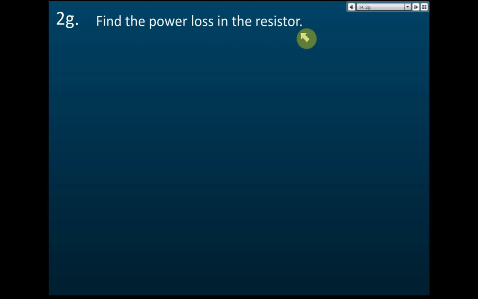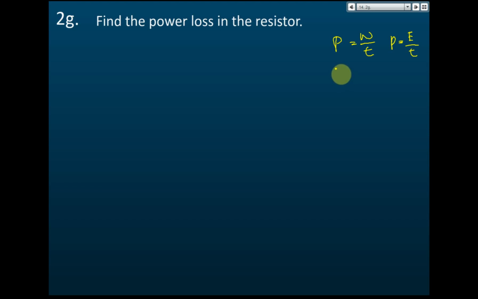Find the power loss in the resistor. For electric power, there are 4 formulas that you can use for your calculations. The first one is the general formula of power: P equals W over T, work done divided by time, or P equals energy change divided by time. Then we have 3 more formulas for electrical power. Can any of you tell me what they are?